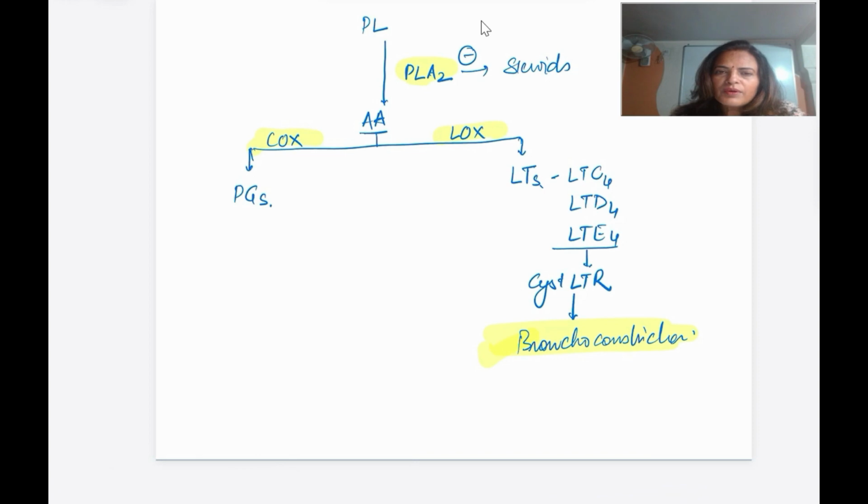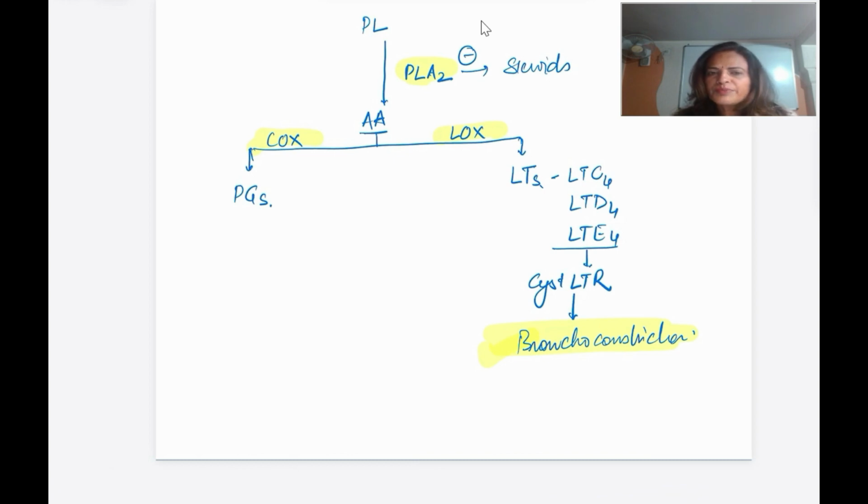What are the other actions of corticosteroids? Number one, they inhibit the formation of the various mediators responsible for bronchoconstriction, increased mucus secretion and increased vascular permeability.